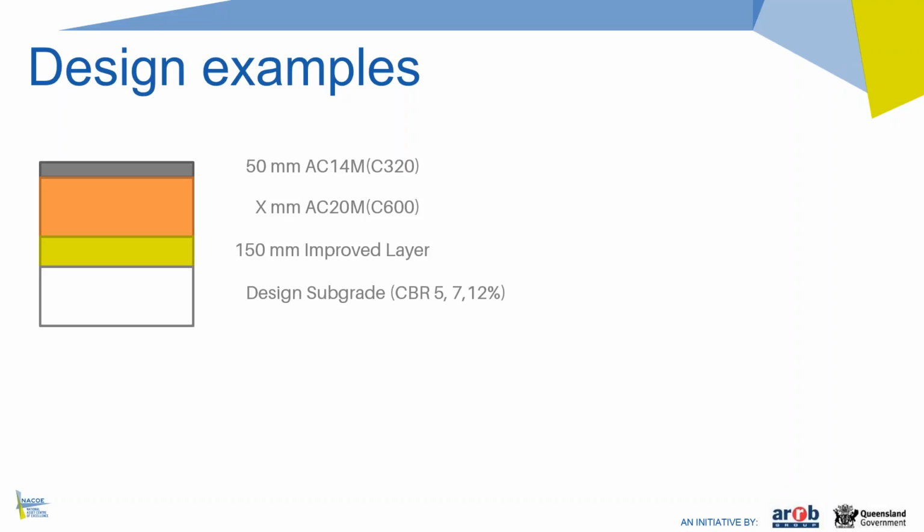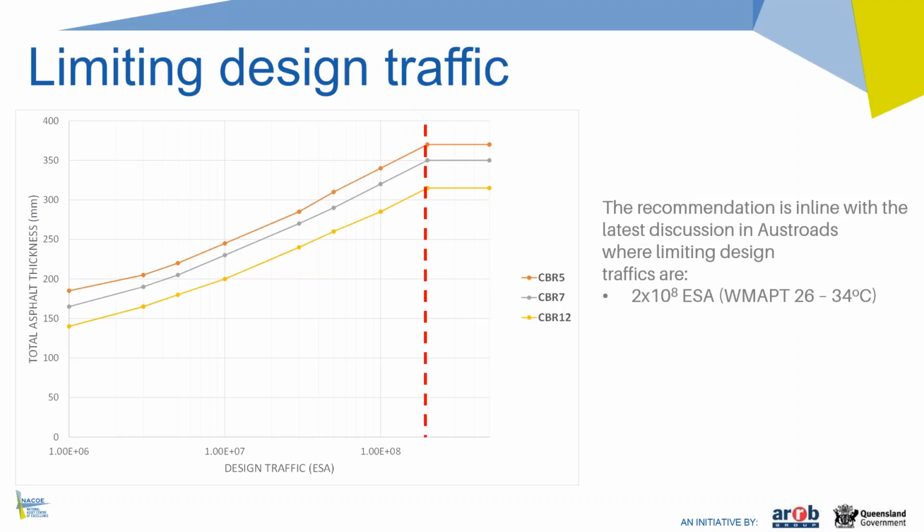For this reason, in the technical note, we're putting in the criteria to require some sort of improved layer plus any additional fill material, so that we can ensure that the top of the improved layer has at least 150 MPa. So there's quite a specific requirement we put down in there. So all these three different example pavement profiles that I presented.